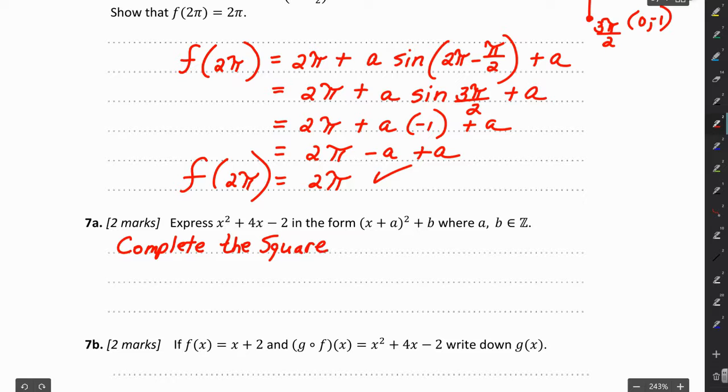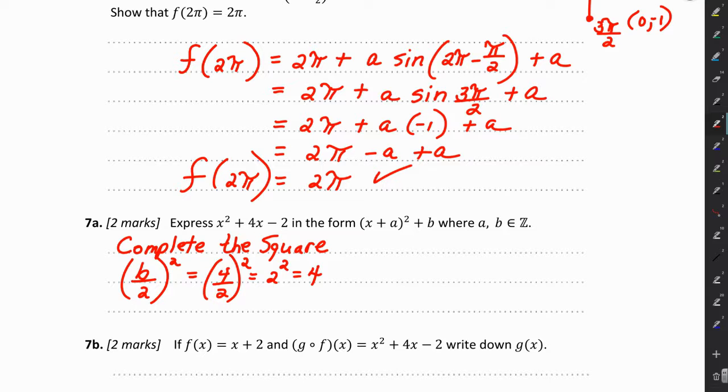We find the complete the square value by doing b divided by 2 squared. So for this problem, the value of b is right here. That's a 4. So we're going to end up with 4 divided by 2 squared, which is 2 squared, which is 4. So our complete the square number for this expression is 4.